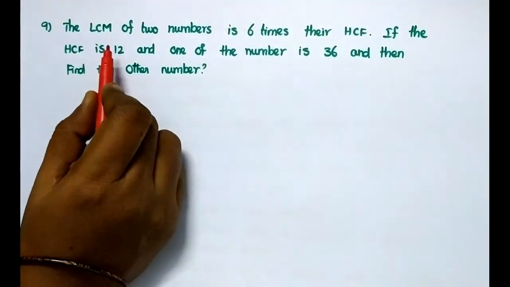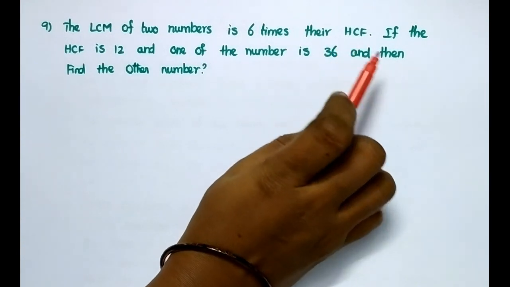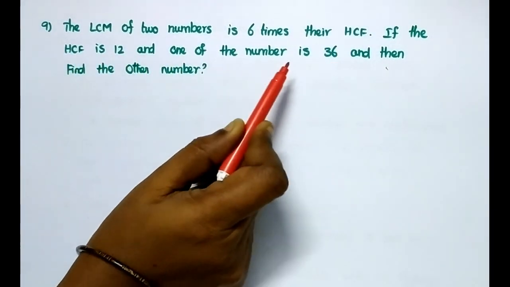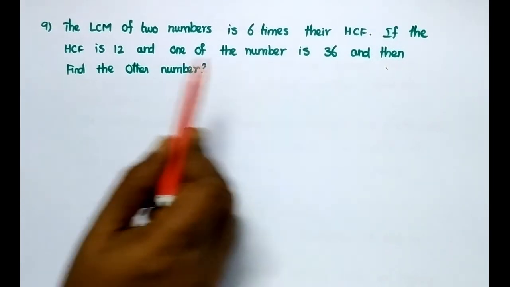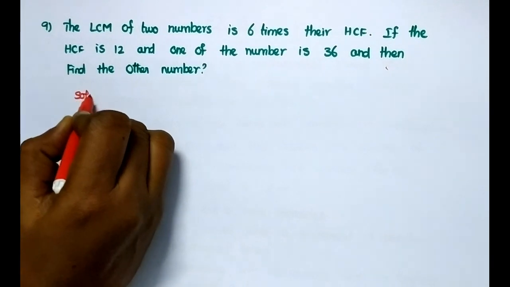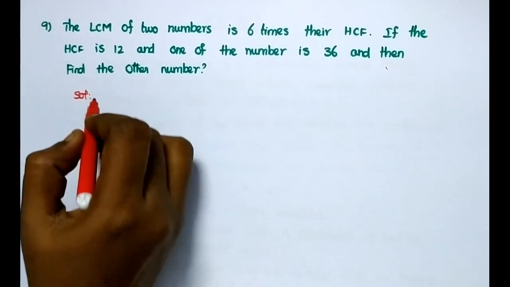Ninth sum. The LCM of two numbers is 6 times their HCF. If the HCF is 12 and one of the number is 36, then find the other number. Listen. First write down what they given.